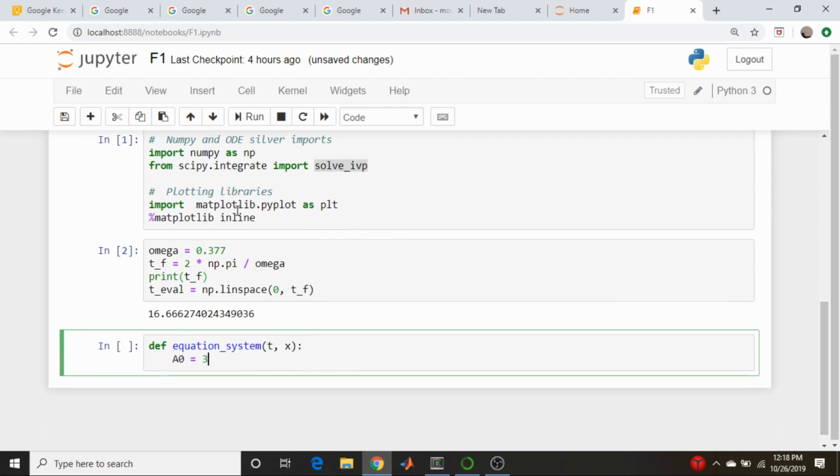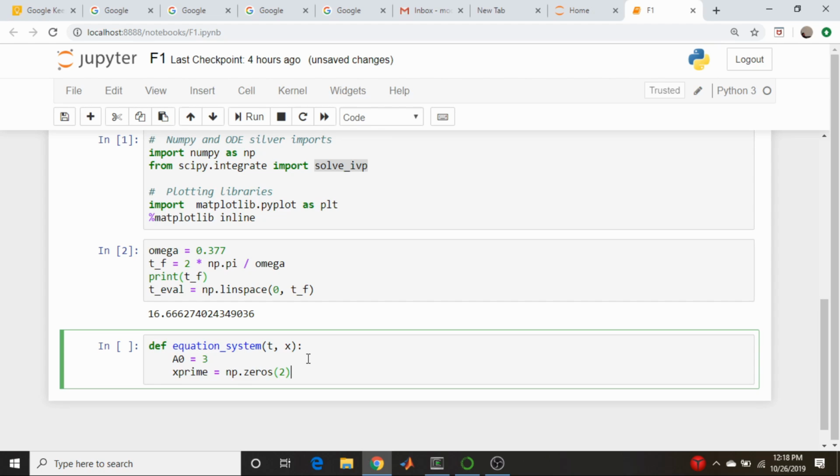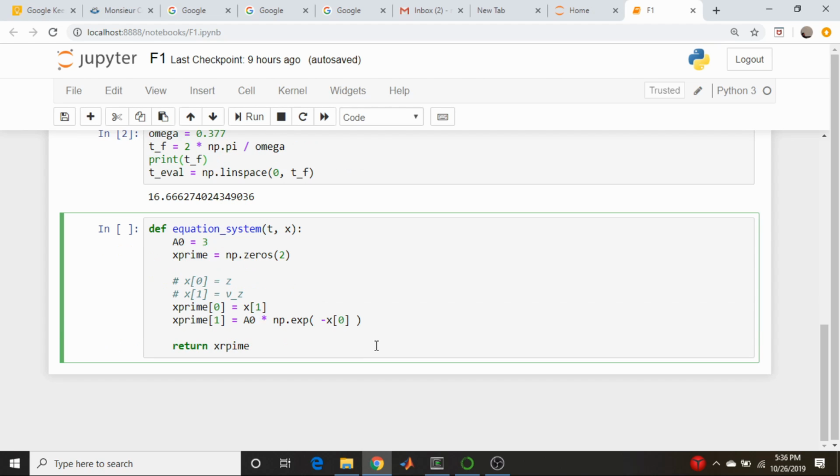So we are going to have to return the first derivative of z with respect to time, which is the velocity in the z direction, and then the first derivative of the velocity in the z direction with respect to time, which is, of course, the acceleration. I just like to first define x prime and have it be a vector of zeros for now.